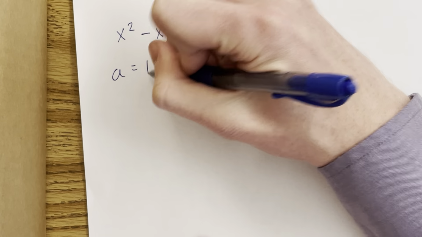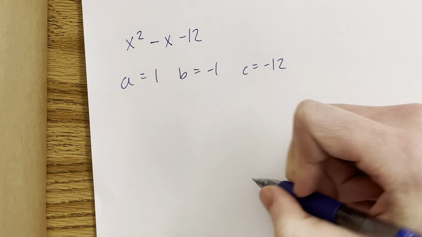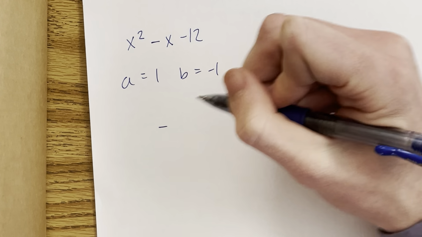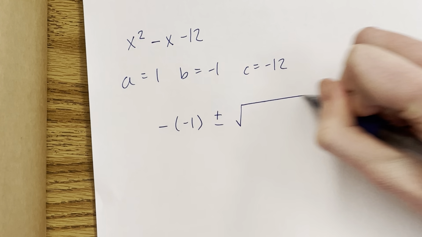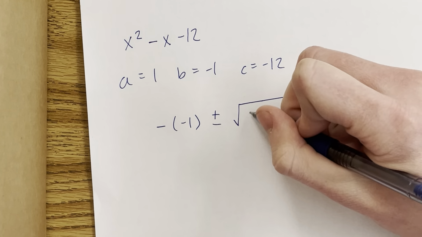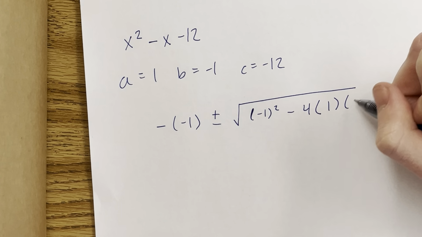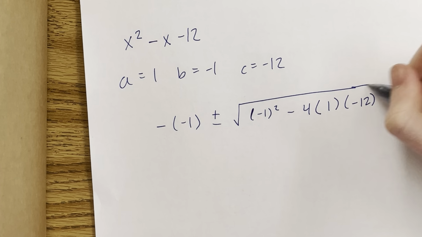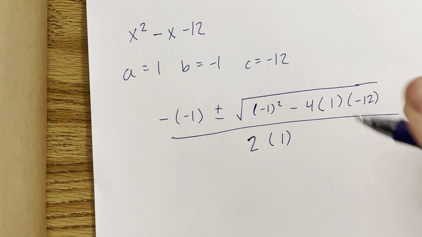So in this case, a equals 1, b equals negative 1, and c equals negative 12. So we plug this in, negative b, so it's going to be negative 1, plus or minus the square root of b squared, so negative 1 squared, minus 4 times a, which is 1, times c, which is negative 12. All of that over 2 times a, which is 1.